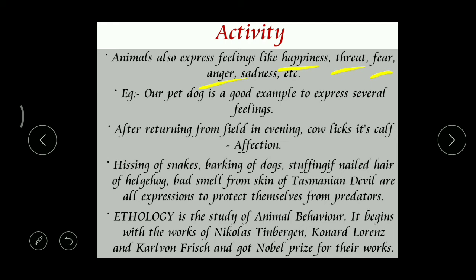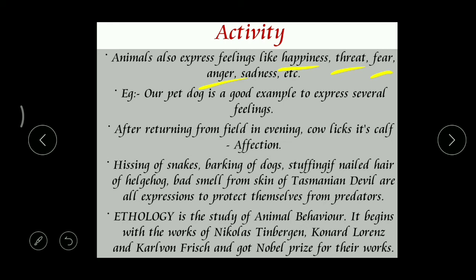It stands on its two legs, puts its legs over your father's shoulders, and starts licking your father. Have you seen? That means it is showing its happiness.